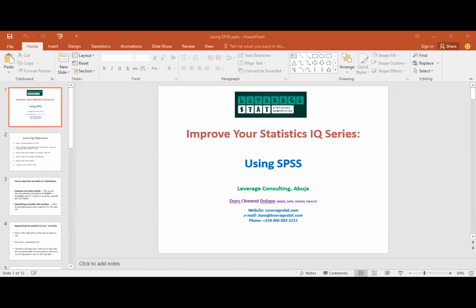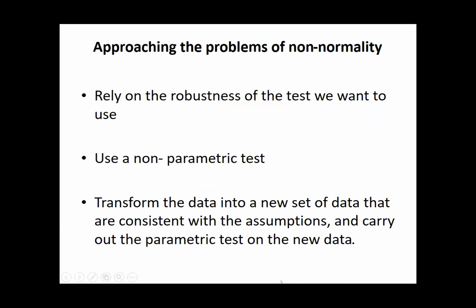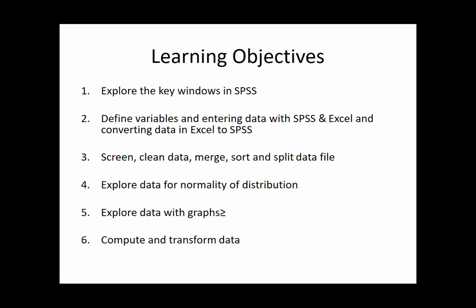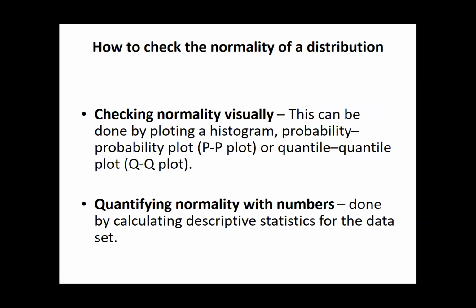Now, in a situation where there is skewness, what do we do? How do we check for it?